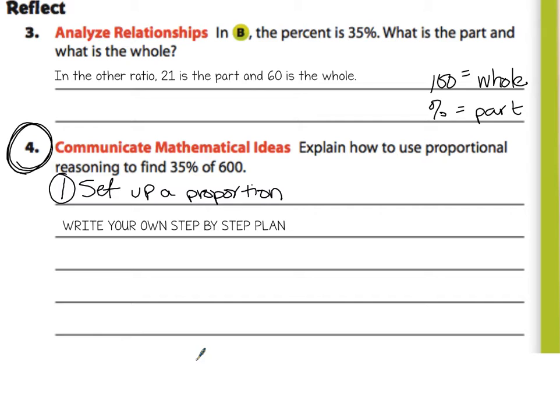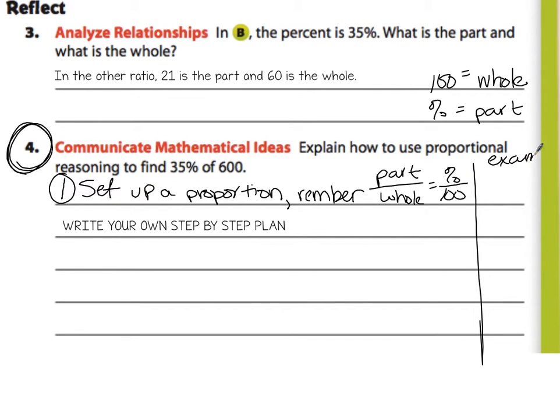Also make sure, remember, part over whole equals percent over 100. Okay, and then if you can, do the example off to the side. So actually solve the problem off to the side. If you can't do it off to the side because you ran out of space, I'd like you to at least have it on a separate sheet that we can add into your notes.